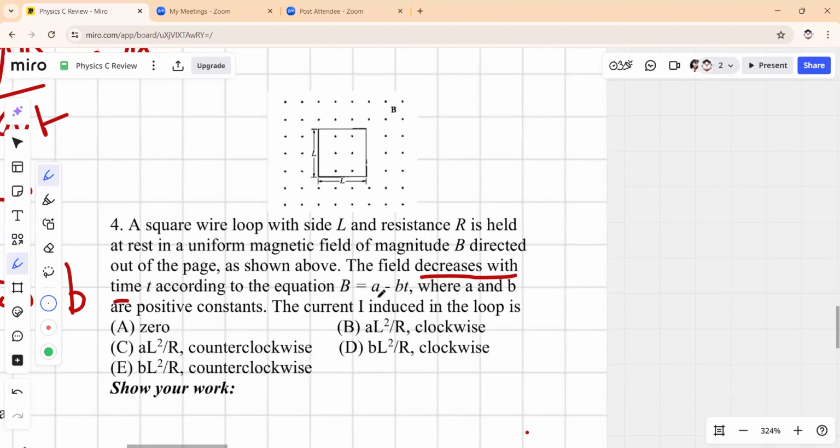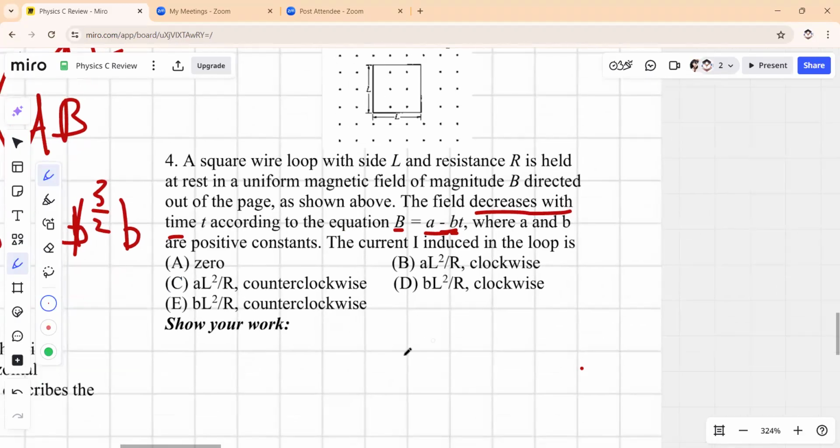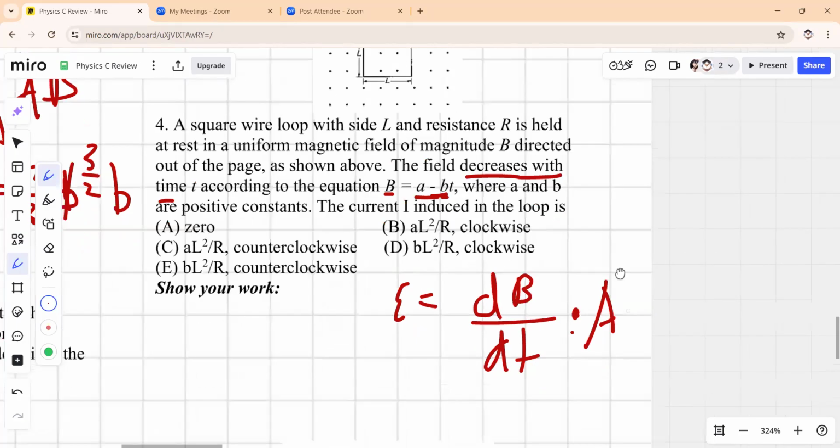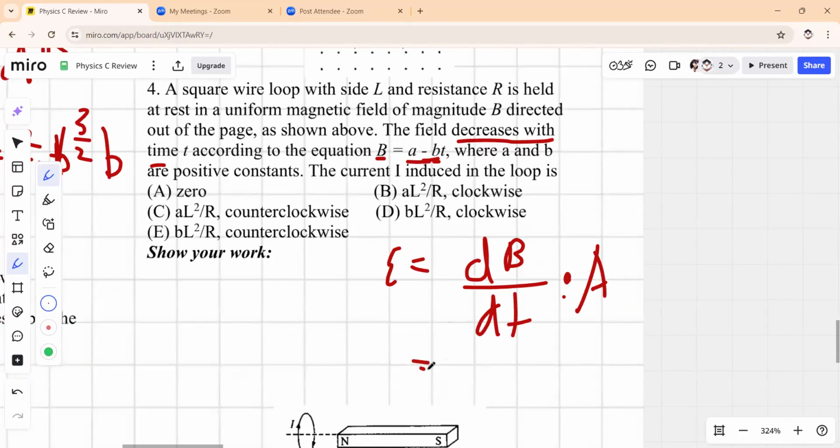The field decreases with time t according to the equation B equals A minus Bt. So, guys, what's the EMF equation? Change in area times B, or change in B times area, either way. Take the derivative of that, and we get negative B times A, which is just L squared.